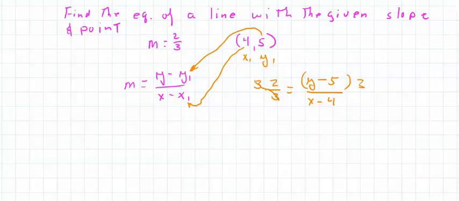These 3's cancel, and I'm left with 2 equals, and actually, let me move that 3 over to this side. So I have 3 times y minus 5 over x minus 4. I need those parentheses. And now I'm multiplying both sides by x minus 4.